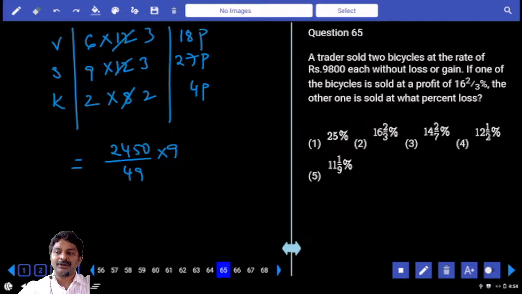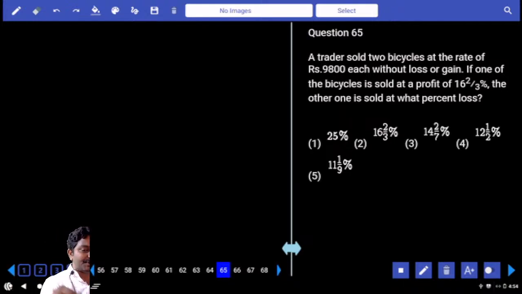A trader sold 2 bicycles at the rate of 9,800 each without loss or a gain. That means no profit, no loss. If one of the bicycles is sold at a profit of 16.2/3%, the other one is sold at a loss percentage of.